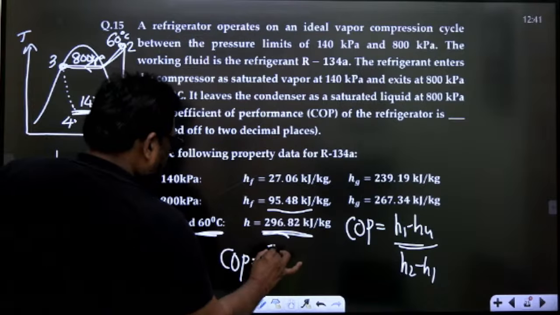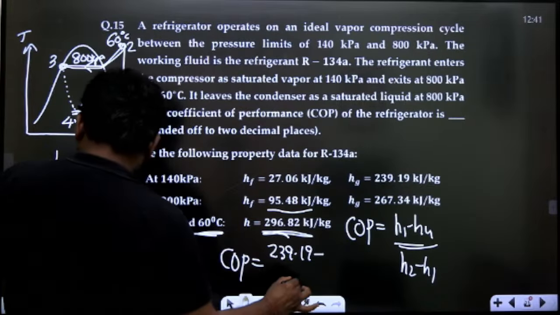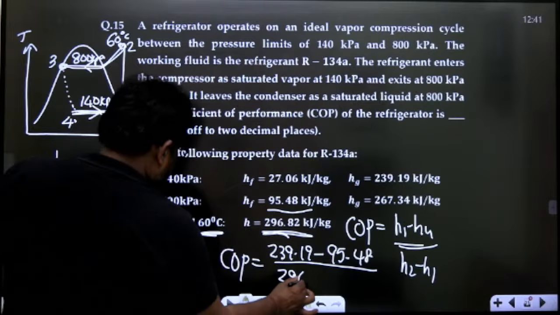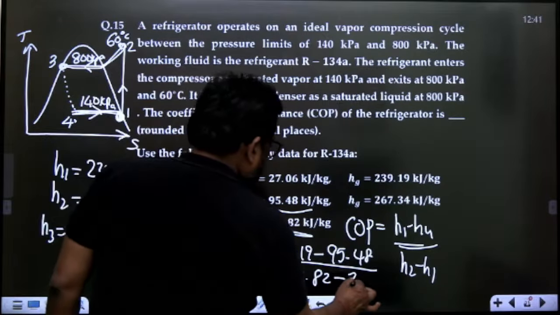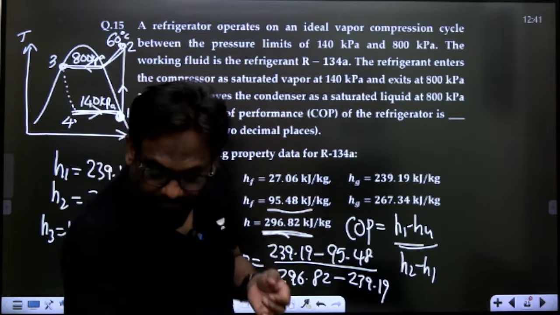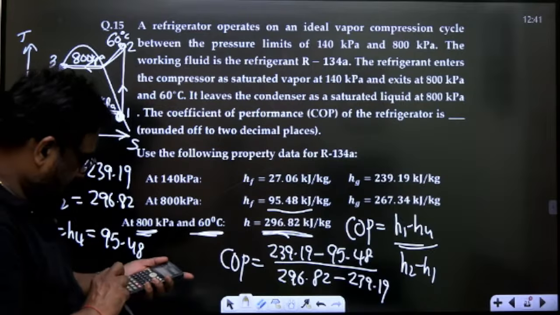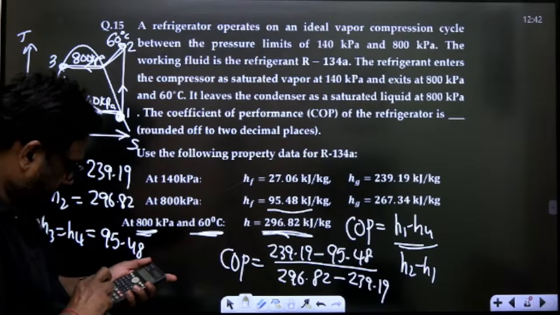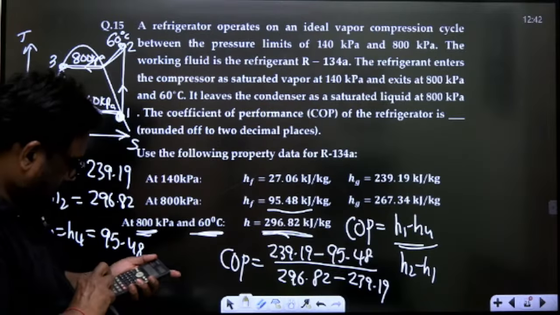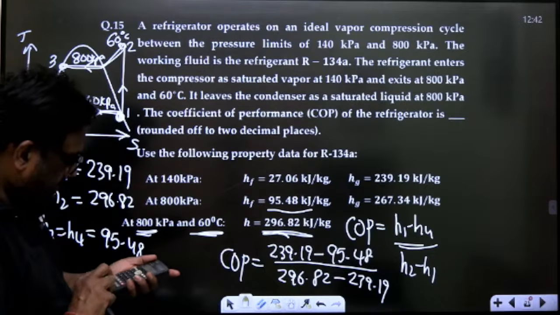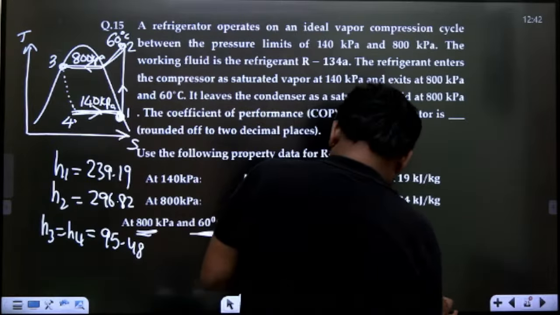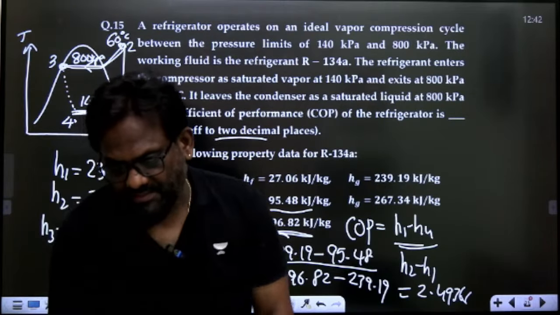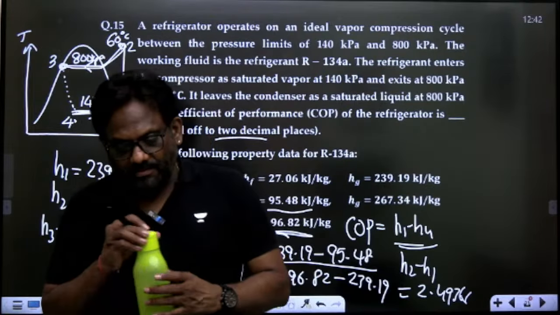So what is H1? 239.19 minus H4, which is 95.48, divided by H2 minus H1, 296.82 minus H1, which is 239.19. Now tell me, what is the value of COP? Anyone got the answer? I am not getting it. 296.82 minus 239.19, it is 2.49, right? And round it off to two decimals, you can write 2.49 or 2.50. Correct, sir. Yes.